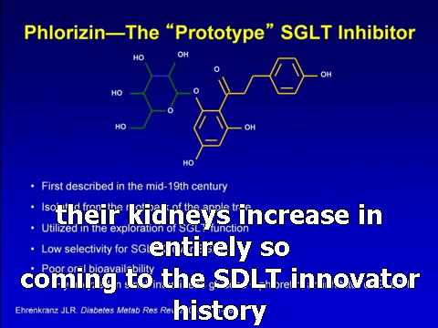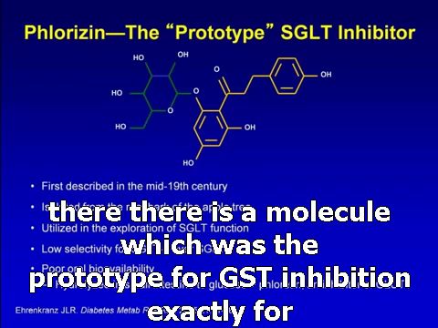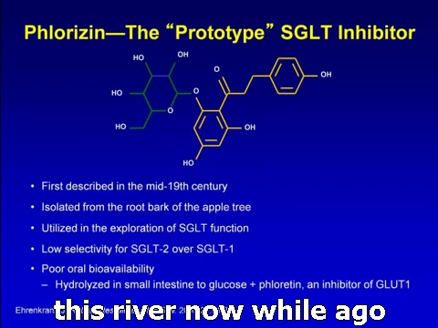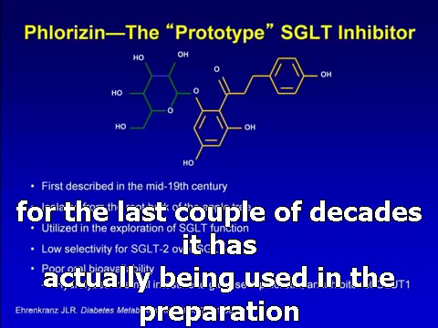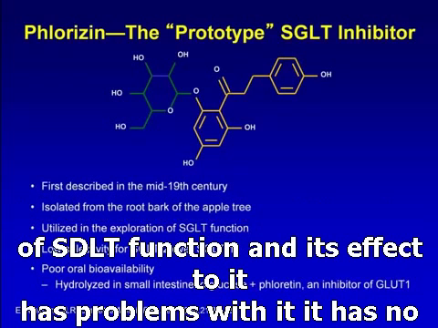Coming to the SGLT inhibitor history, there is a molecule called phlorizin, which was the prototype for SGLT inhibition. It was first described in the mid-19th century and was isolated from the root bark of the apple tree. For the last couple of decades, it has been used in the exploration of SGLT function and its effects.